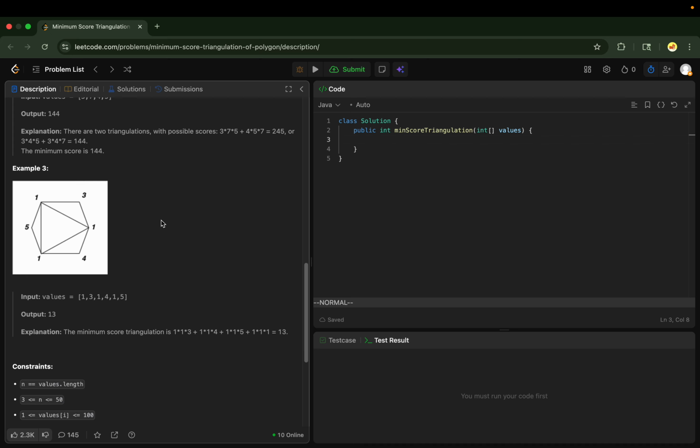There are multiple solutions, right? Currently I don't know which solution is best, so I have to look up all the solutions and find out the minimum.